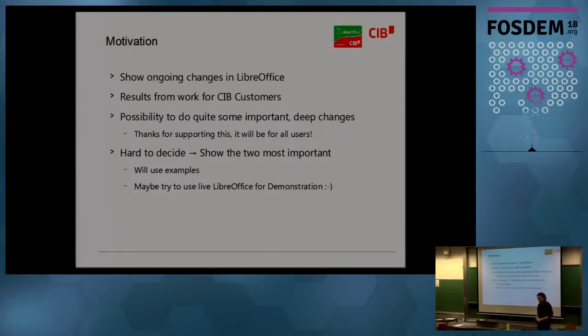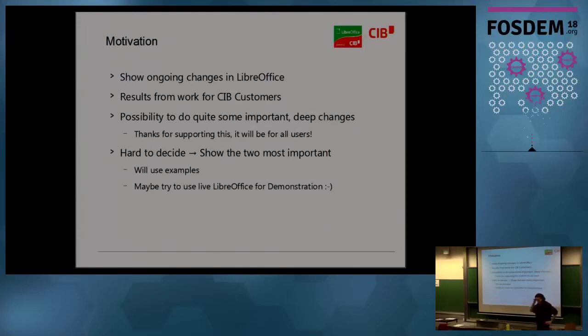It's about showing ongoing changes in LibreOffice, and it's results from work for CIB customers. It's quite important, deep changes from my point of view, and thanks to the customers for supporting this.